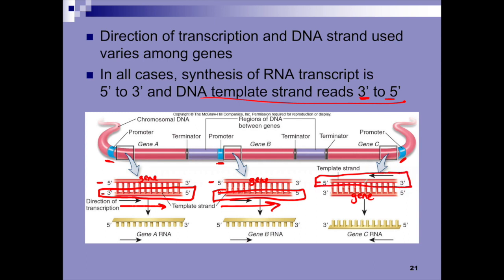So the top strand now becomes the template strand. That's the strand that we're going to be reading because the gene sequence itself is the bottom strand. So in this case, we still end up with that 5' to 3' sequence, but we're doing it off the opposite strand. Okay.